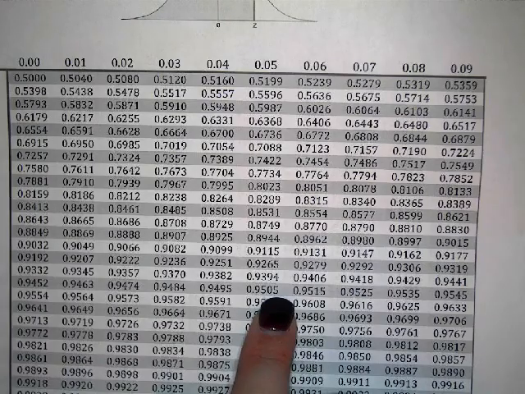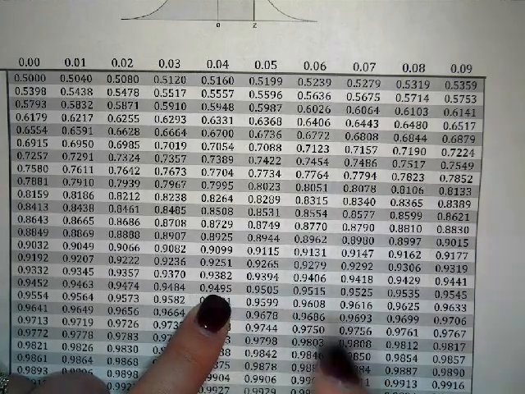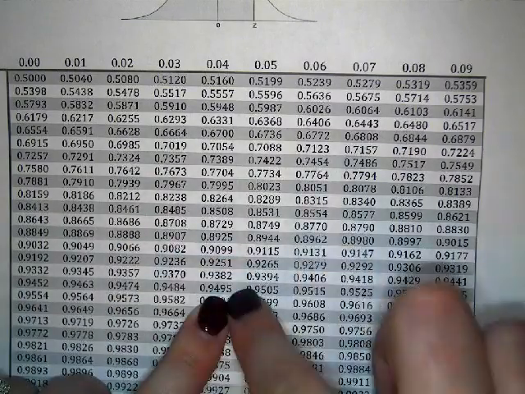So we have two z-scores that are kind of equally good, and we'll kind of split the difference between them. 1.64 is the lower end, and then 1.65 is the higher end.